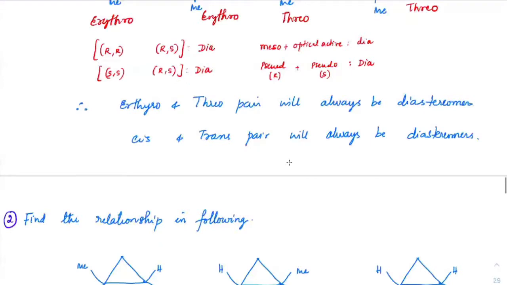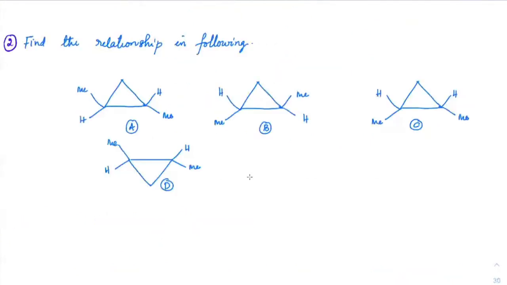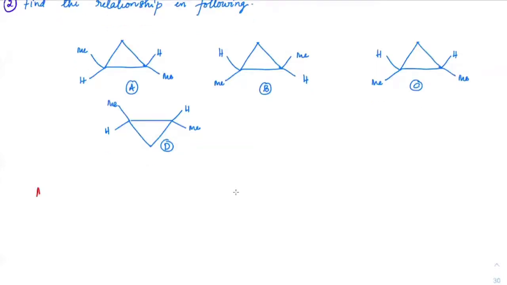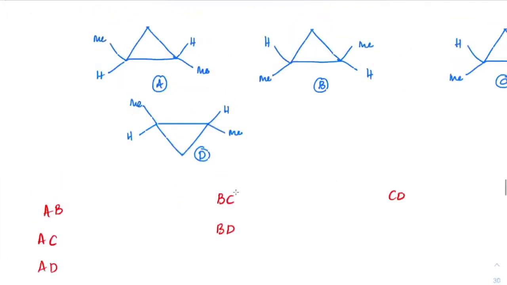Okay, now check out the relation between these. Suppose I have to find out the relation between these four, A, B, C, D. The pairs are AB, AC, AD, BC, BD, and CD. Check the first one, AB, how they are related.